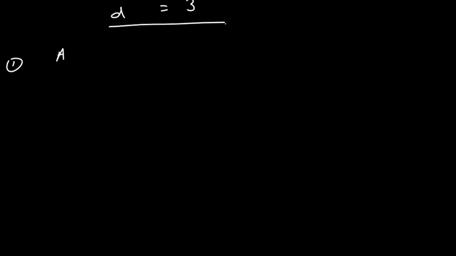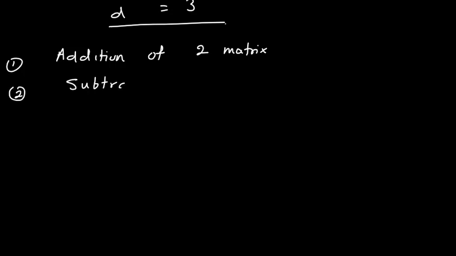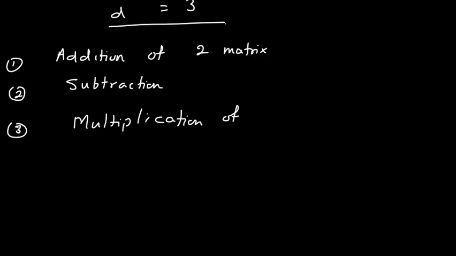First we will see addition of two matrices, second we will see subtraction of one matrix from another, and third we will see multiplication of a matrix by a number. We can say multiplication of a matrix by a scalar also.